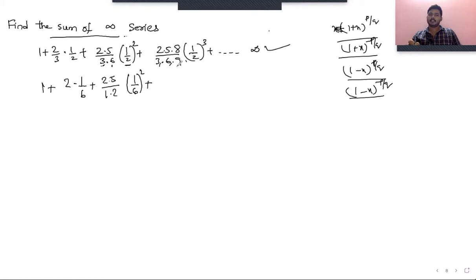If you take these threes and 1, 2, 3 will be remaining here, all the threes can be inside this bracket, so it will be 1 by 6 whole cube. So 2 into 5 into 8 by 1 into 2 into 3, 1 by 6 whole cube, right? Plus and so on up to infinity.